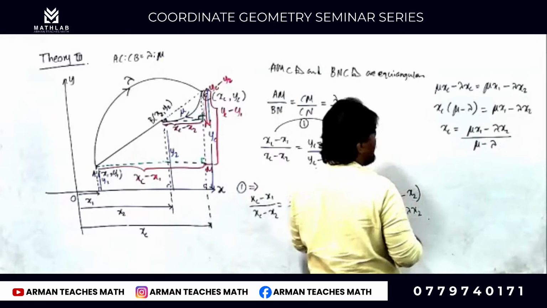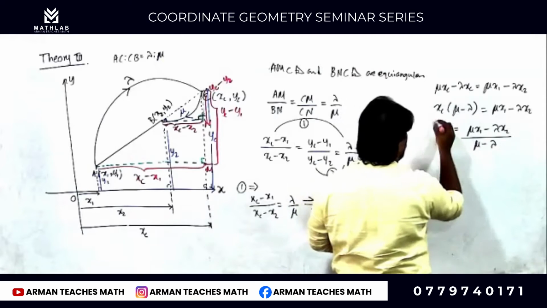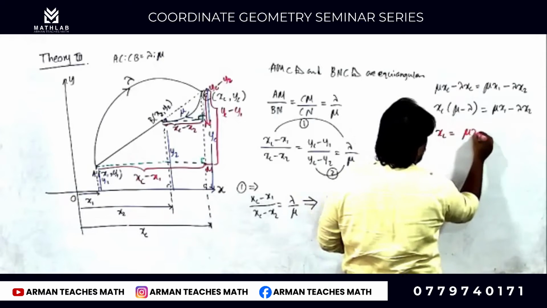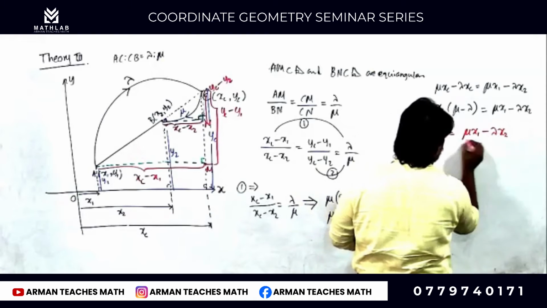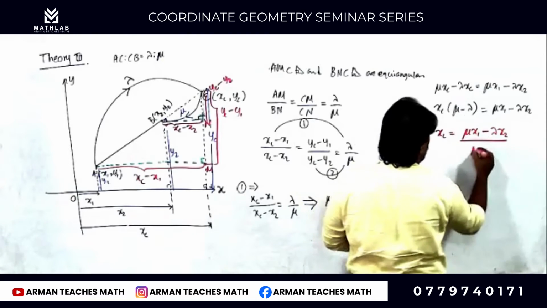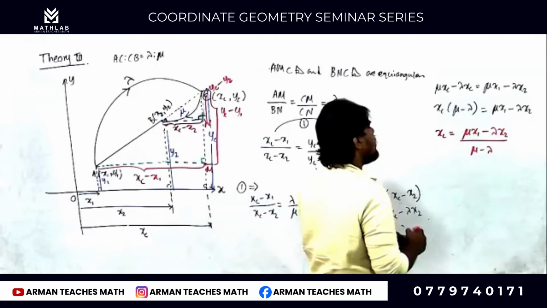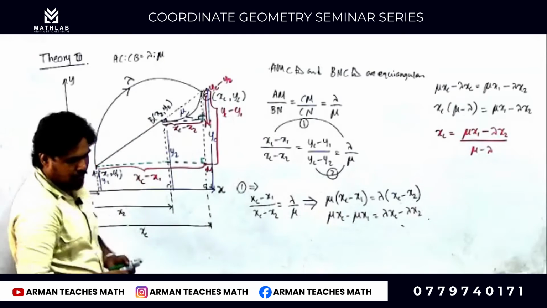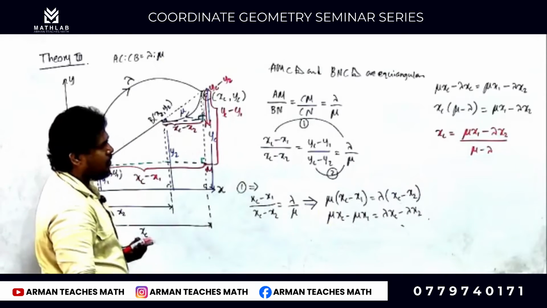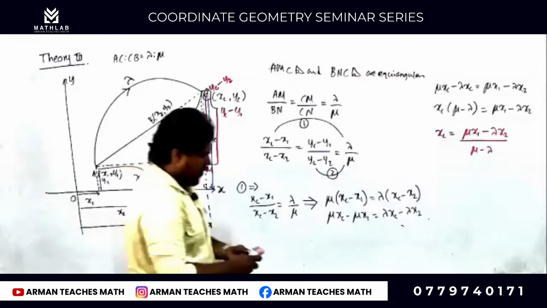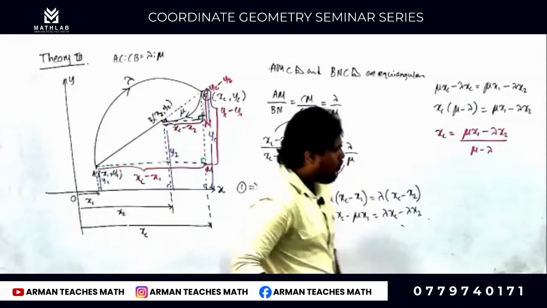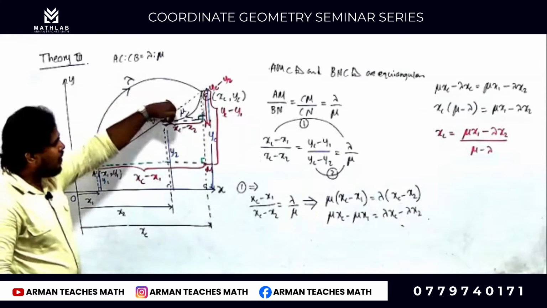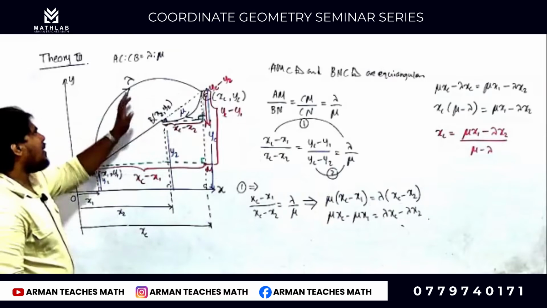Now the X coordinate is here. We got the X coordinate. I write it in red color. XC is equal to mu X1 minus lambda X2 divided by mu minus lambda. Why am I saying this is ugly? Because lambda goes like that and mu comes back. So let's make lambda positive.